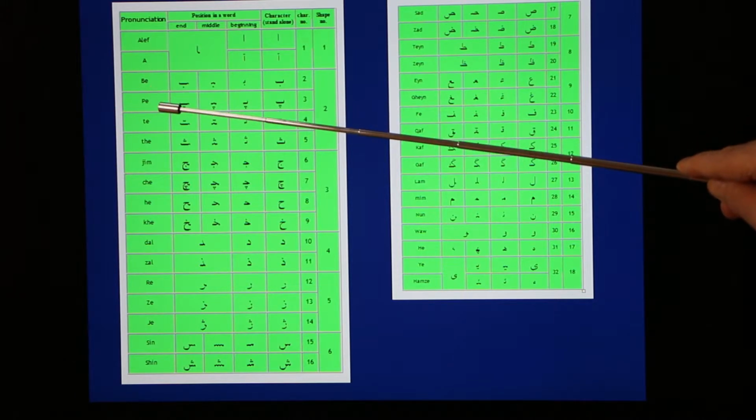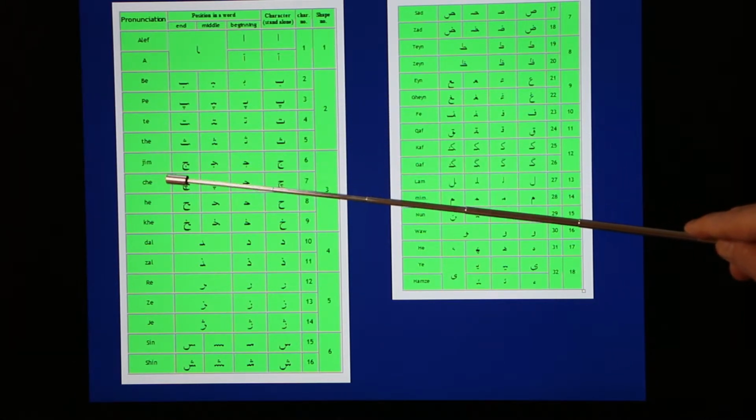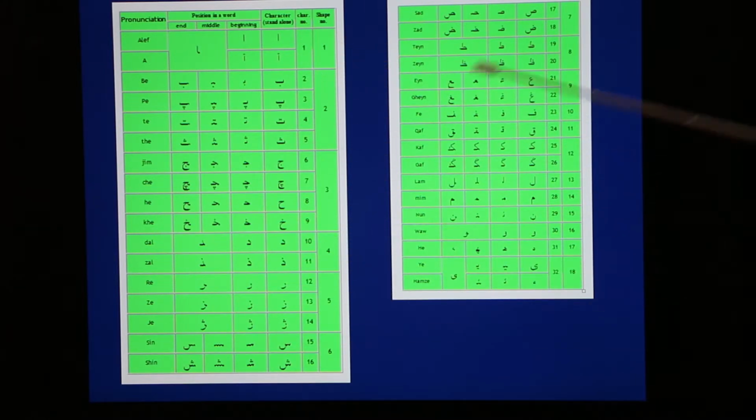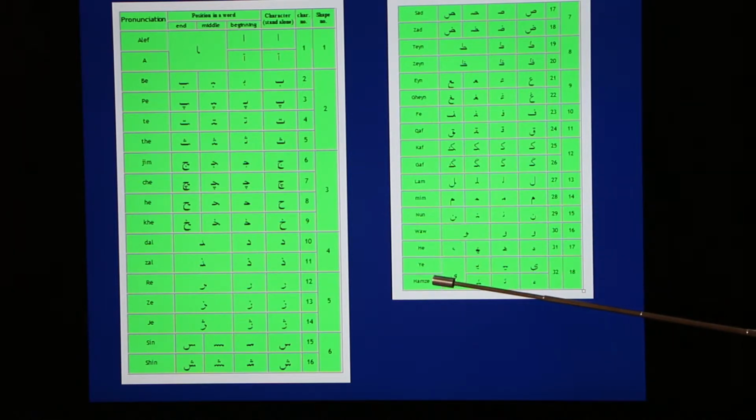Now it's A, B, Pe, Te, Thay, Jim, Ke, He, and so on. But again, it's letter forms, and now there are 18 letter forms. And we again end with WHY. And so I'm saying we have 33 letters in Sanskrit.